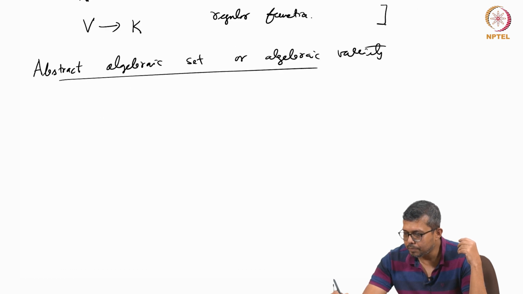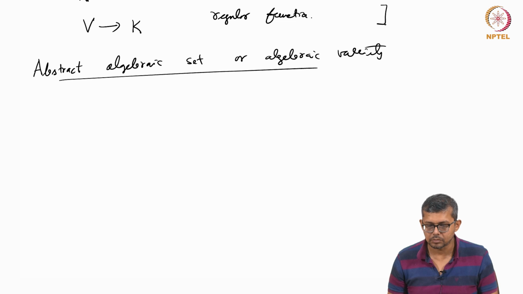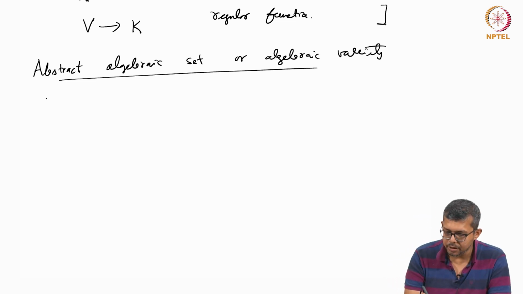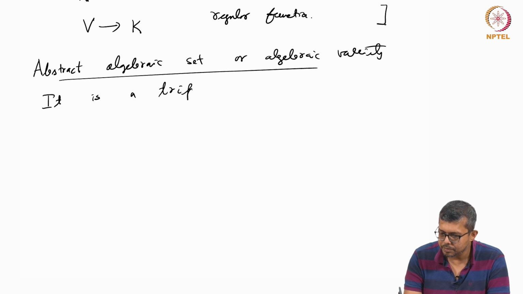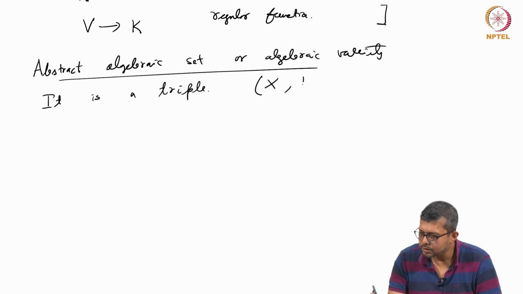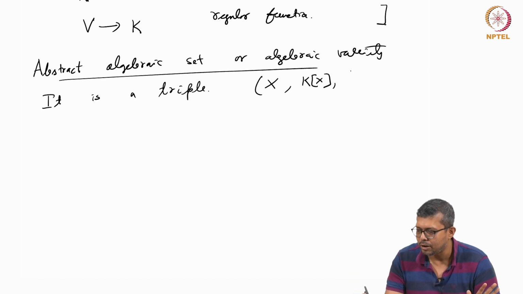So see, it is a triple. So an abstract algebraic set is a triple. X. So I write this, it has nothing to do with anything, okay, before regular functions or anything. So what is it? I will define.